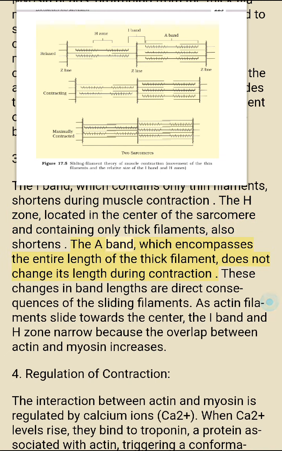The A-band, which encompasses the entire length of the thick filament, does not change its length during contraction. These changes in band lengths are direct consequences of the sliding filaments. As actin filaments slide towards the center, the I-band and H-zone narrow because the overlap between actin and myosin increases.